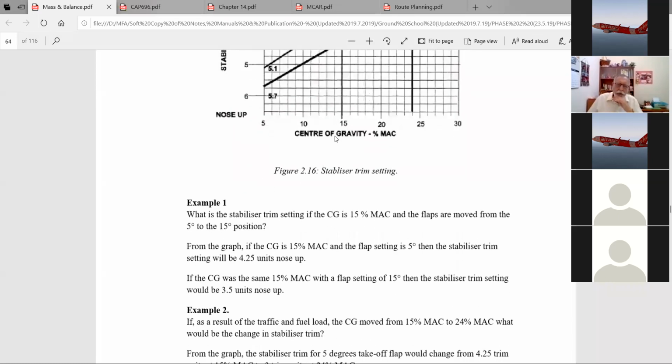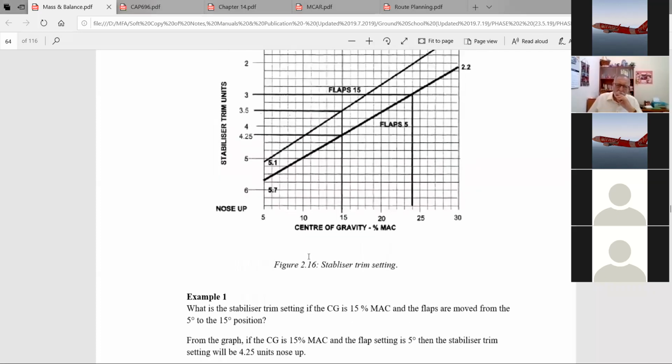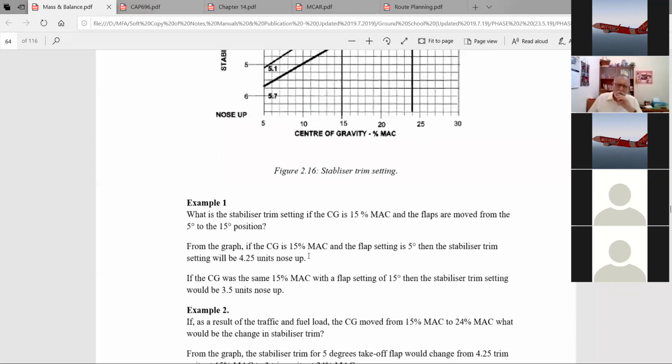If it is going from 5 degrees to 15 degrees, you are lowering it.